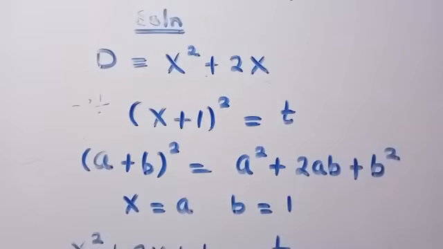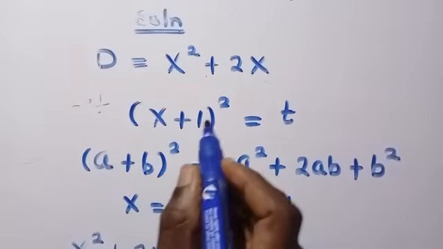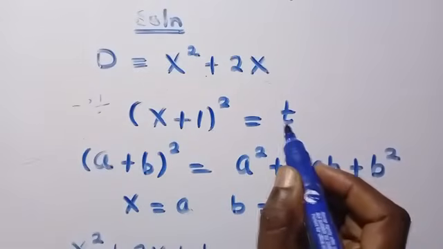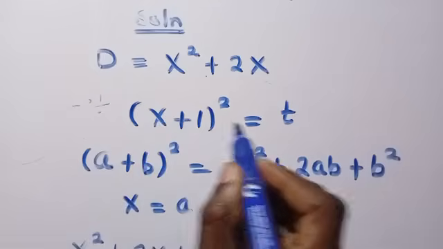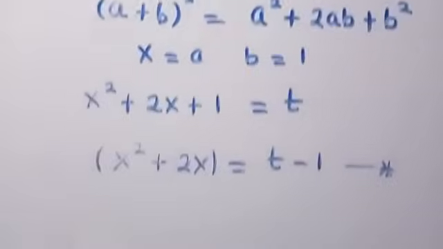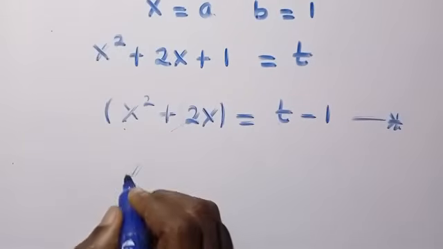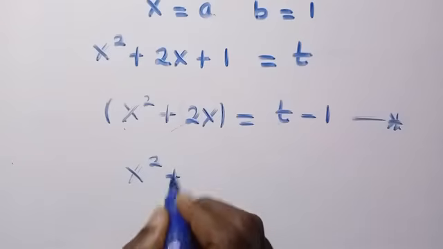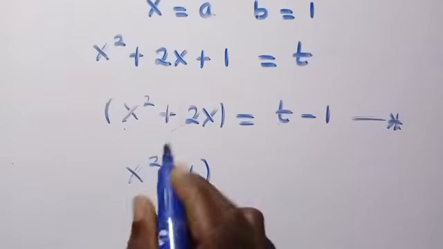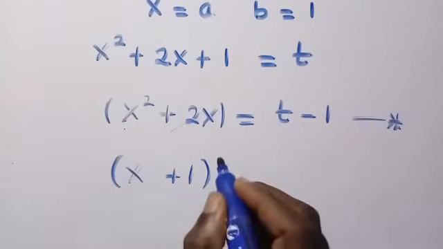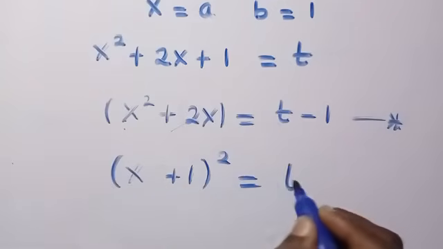Also, from x plus 1 squared equals t, I want to make x the subject of the formula. We take the square root of both sides of x plus 1 squared equals t.